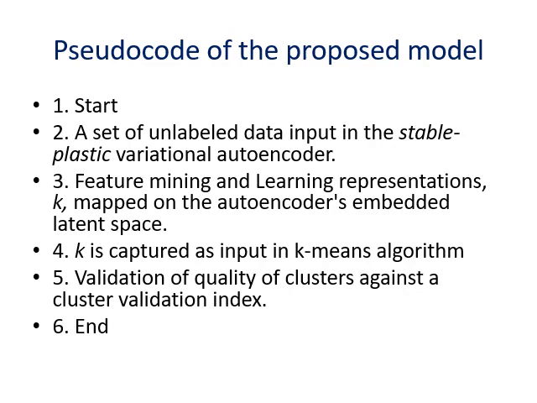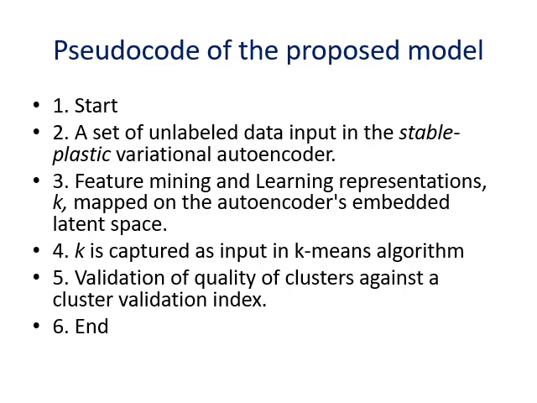It is learning representations, and all this information is mapped onto the autoencoder's embedded latent space. Then that becomes the hint of the K. After that, K is automatically captured by the K-means clustering algorithm. But after the K-means clustering algorithm generates the clusters, we take those clusters through a cluster validation check.